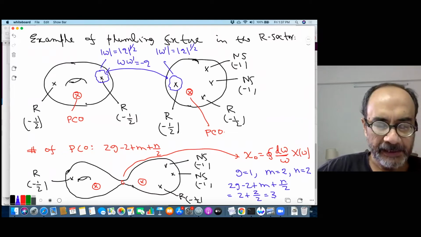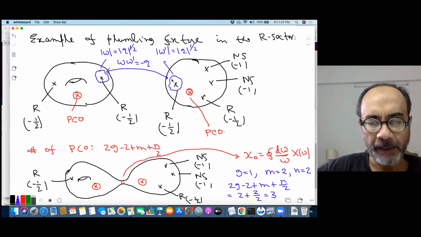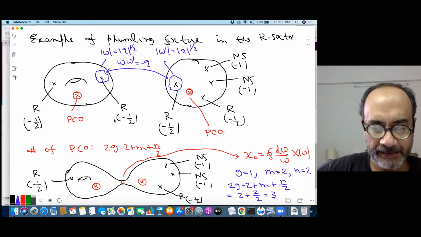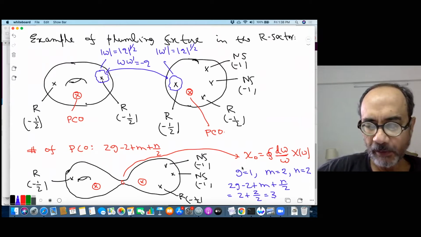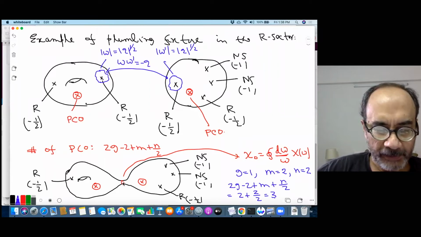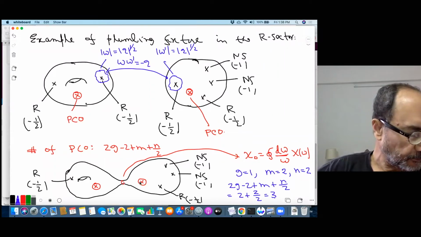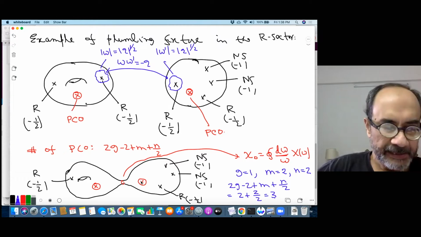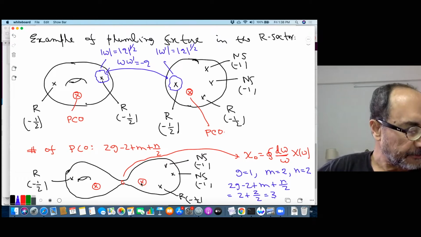You can easily convince yourself that instead of a Ramond puncture, if you had an NS puncture, we can do a similar analysis, and there you will not need any PCO on the neck. The numbers will add up exactly to match what you need. So it's only for the Ramond puncture that you need the PCO. Is this clear? Are there questions?